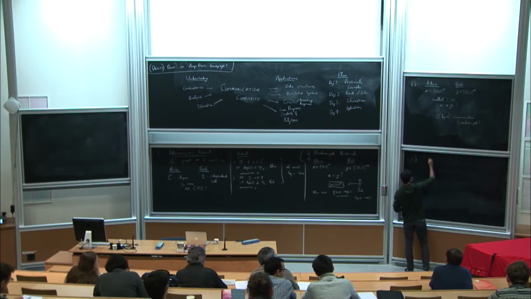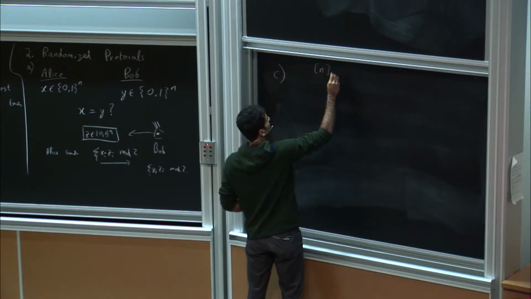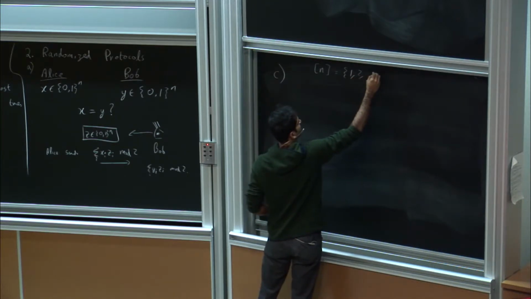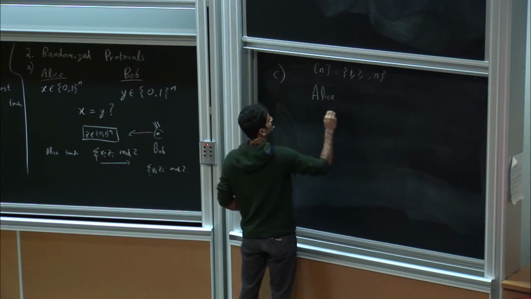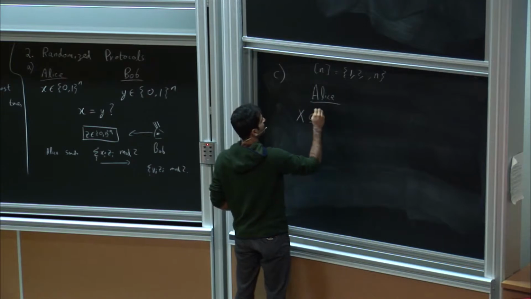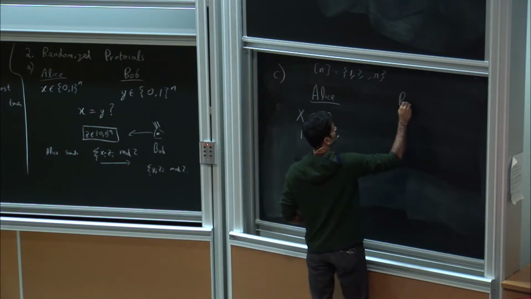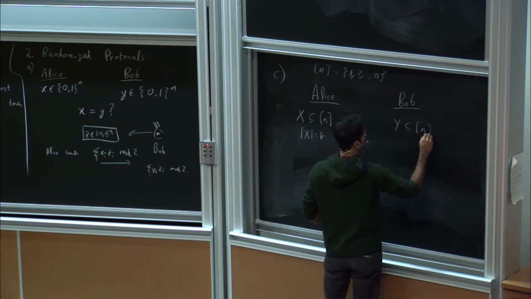So suppose Alice and Bob are working with the set [n], I just mean the numbers from 1 to n. And what happens is Alice has a subset X of size k, and Bob also has a subset Y of size k.